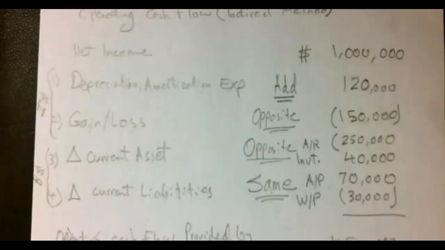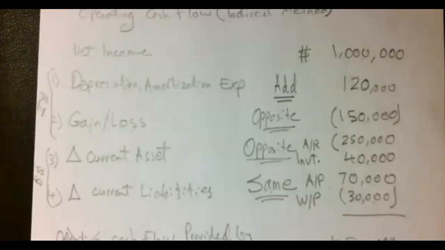If you have a loss, you do the opposite, which is a plus. So let's say you have a gain of $150,000 on selling your used equipment, then you do the opposite, which is minus 150,000. You deduct it from your net income, because a gain makes your net income higher by 150,000, but because it's non-cash, you deduct it.